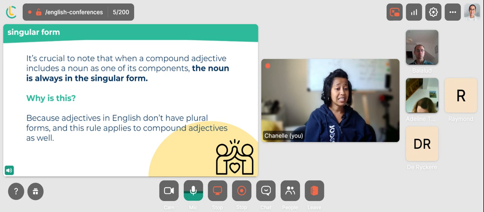Because adjectives in English don't have a plural form. And this rule applies to compound adjectives as well. Parce qu'en anglais, il n'y a pas un accord entre le adjectif et le nom. L'adjectif reste toujours au singulier. C'est pour ça que le nom va rester au singulier aussi.